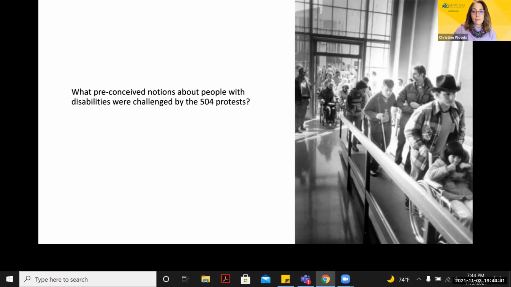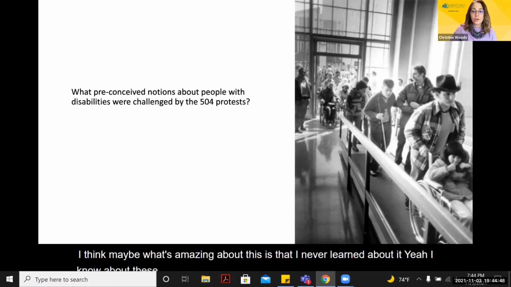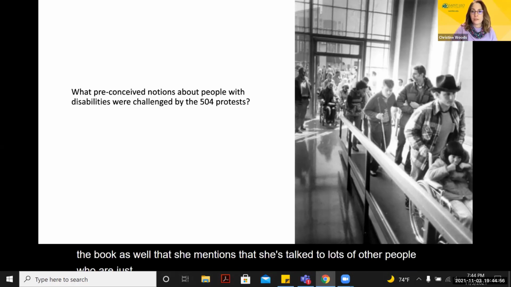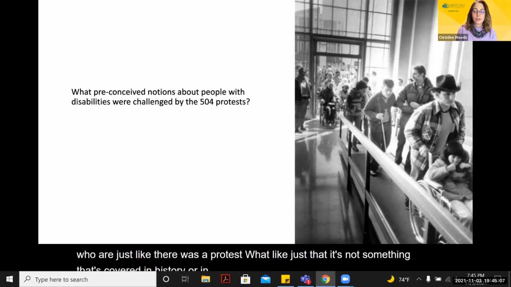I think maybe what's amazing about this is that I never learned about it. I did not know about these protests until the book. And Judy actually mentions in the book as well that she's talked to lots of other people who are just like, there was a protest? What? It's not something that's covered in history or in our typical high school curriculum.